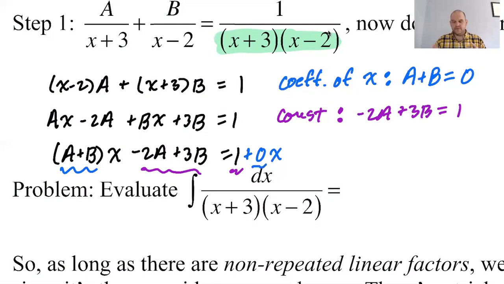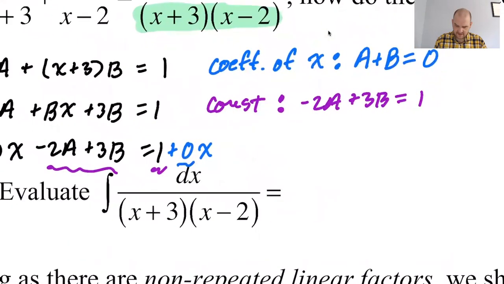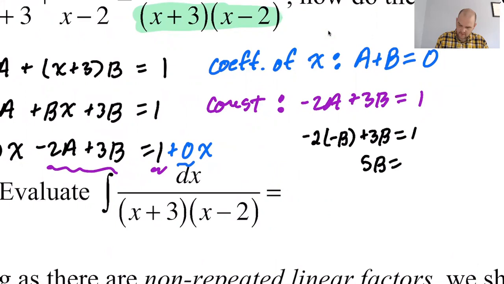All right, so if A plus B equals 0, then we know that A is equal to negative B. So I'm going to say this will become negative 2 times negative B plus 3B equals 1. So that's 2B, so 5B equals 1.